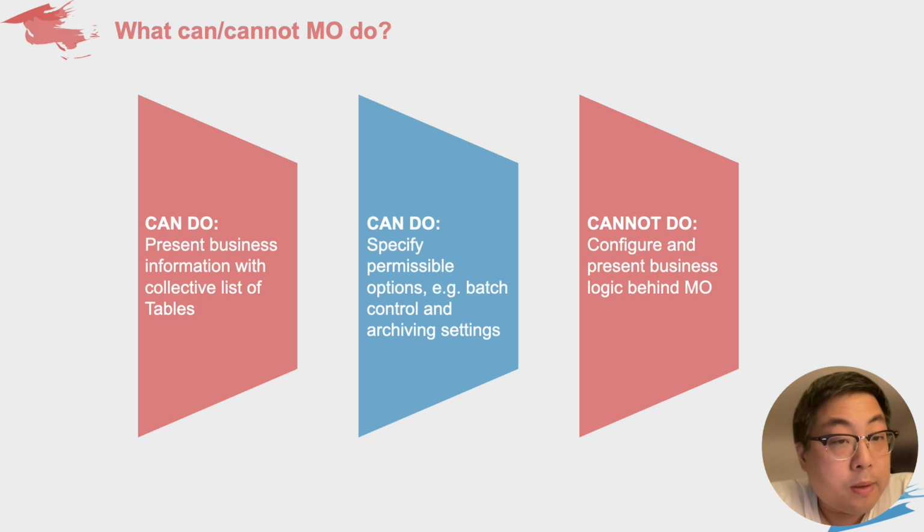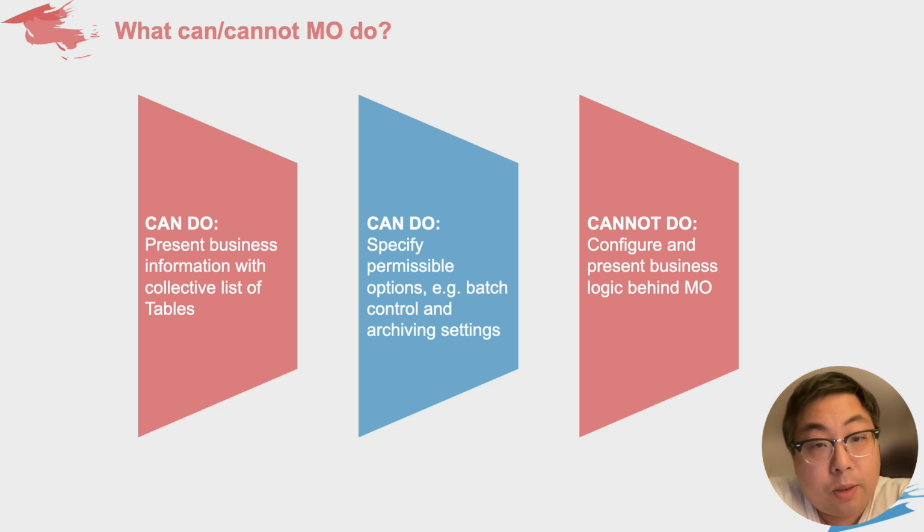And second, what it can do is specify permissible options, for example, batch control and also the archiving settings. So this is another aspect of maintenance object where you can define options, but they are not necessarily the one being used. They are more like a list of options. They are available for the business object to be used.